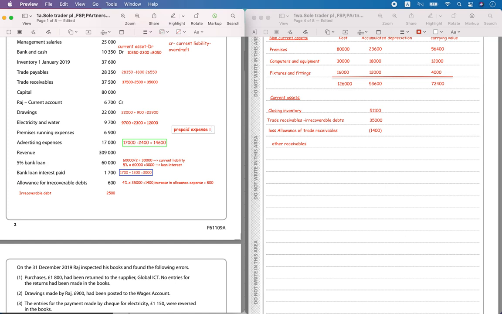So let's put it in the balance sheet, in the statement of financial position. So prepaid expense becomes a current asset.